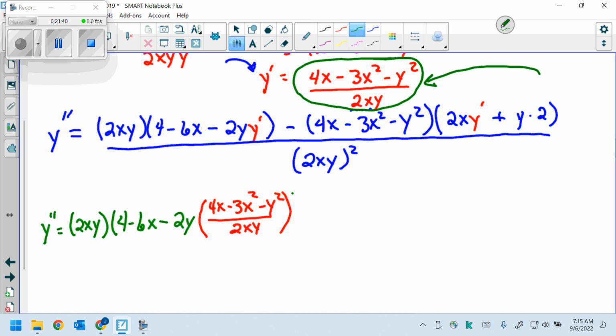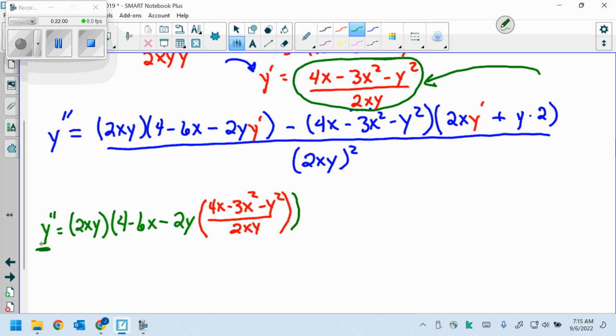Again, we're not going to have to multiply that out, okay? Just show me that you know that you have to put that expression in for the y primed, so that your y double primed is written in terms of nothing but x's and y's.